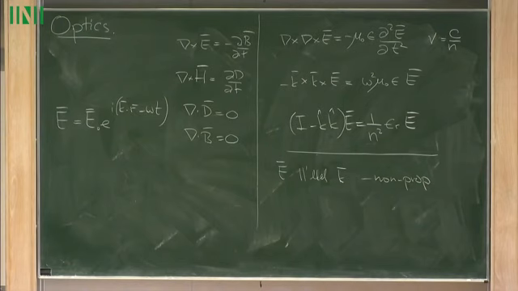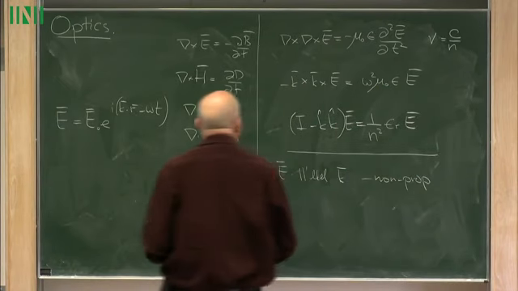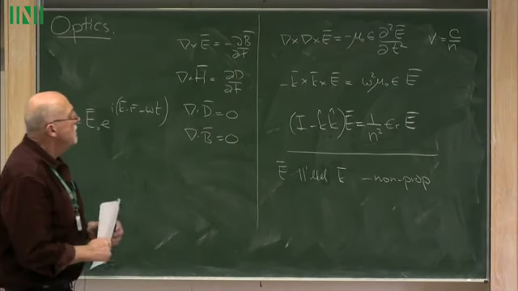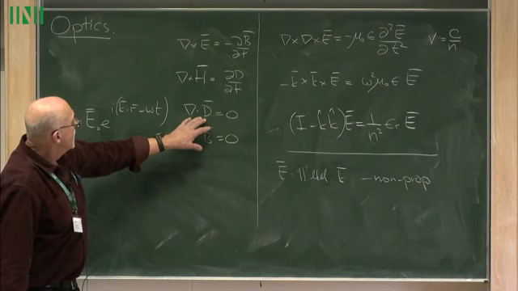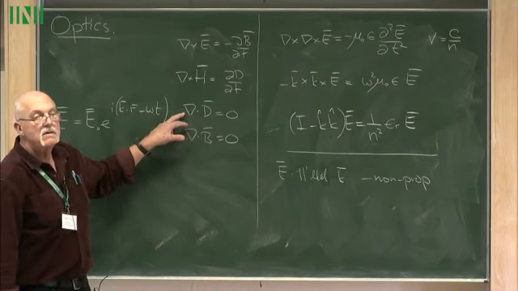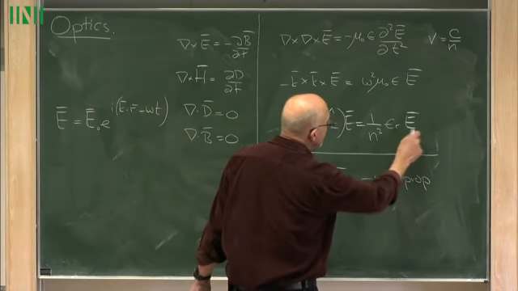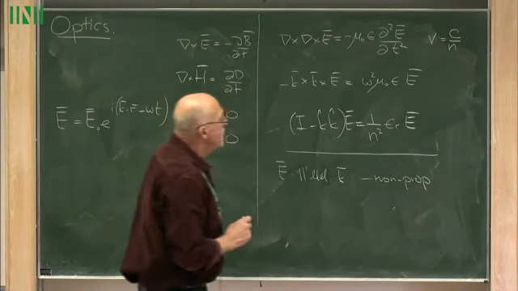It turns out that it's useful to switch to D at this point, because D is always perpendicular to k. That's a useful thing. And we already have D here in essence.